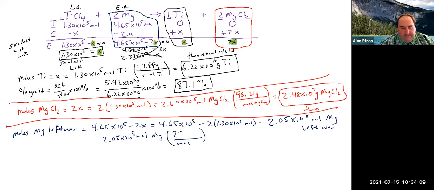One more time here, 24.31, there we go. And if we take that times 24.31, it gives us about 4.98 times 10 to the 6 grams of magnesium left over.